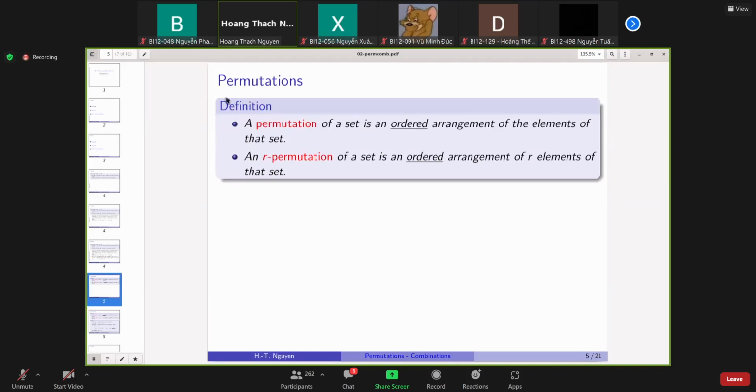Okay, 1B. So here is the definition. When we talk about a permutation, we always talk about a permutation of a finite set. So this set should be finite.